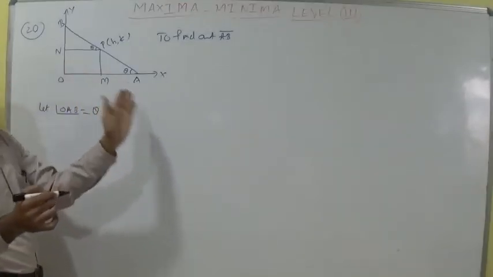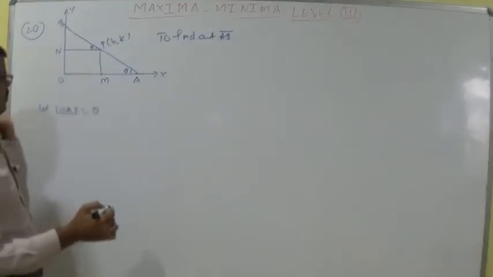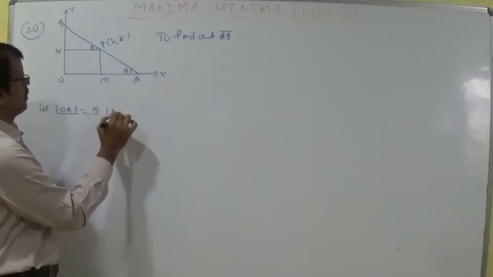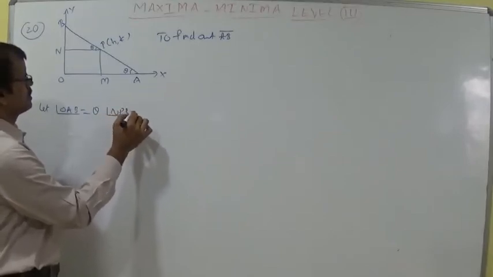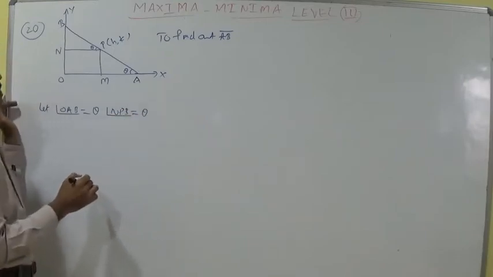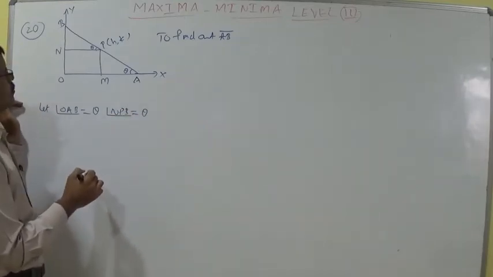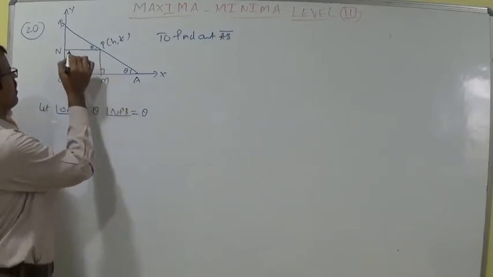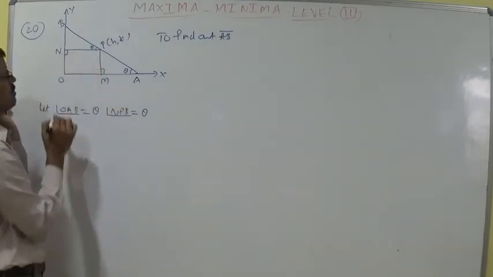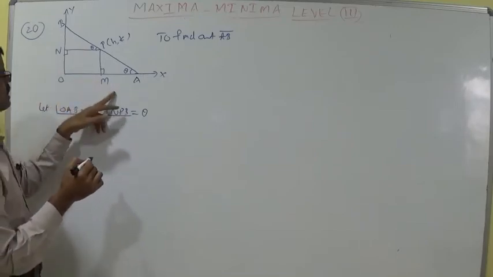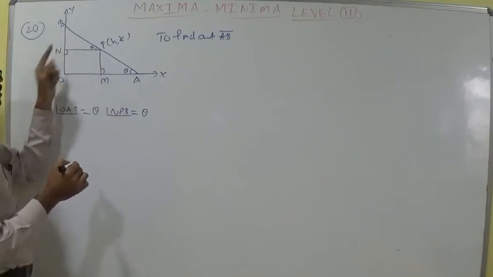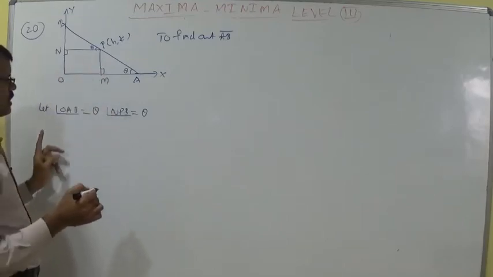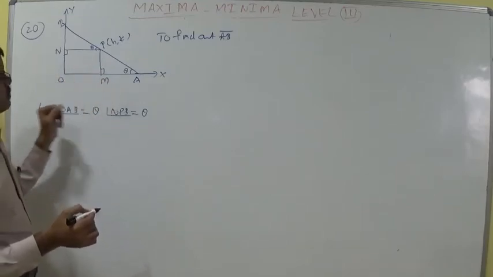Angle NPB is also equal to theta. This is a right angle triangle because of the projections drawn from P to the x axis, M, and from P to the y axis, N. I did not write on the board; you can understand and write in your notebook.